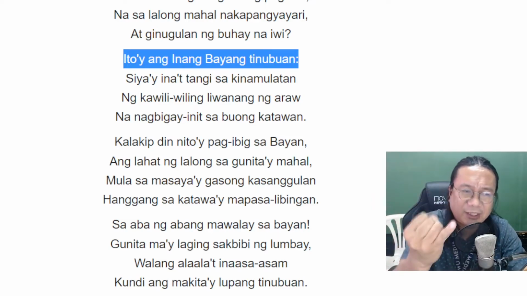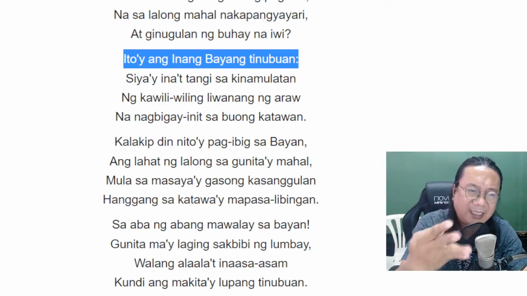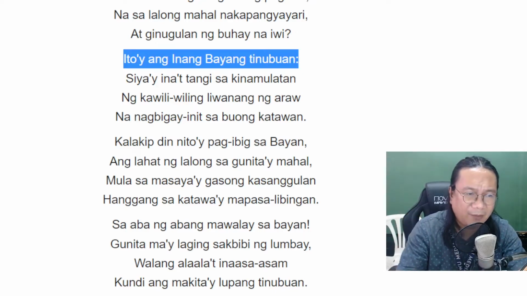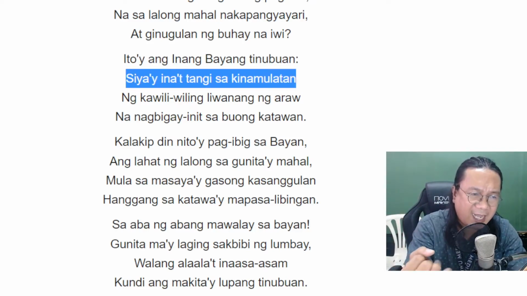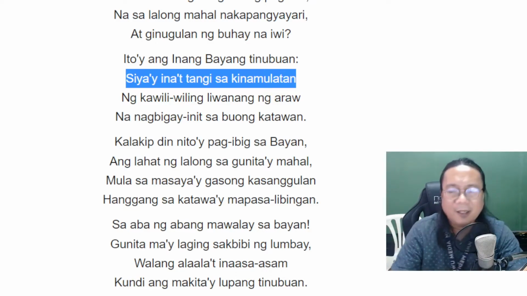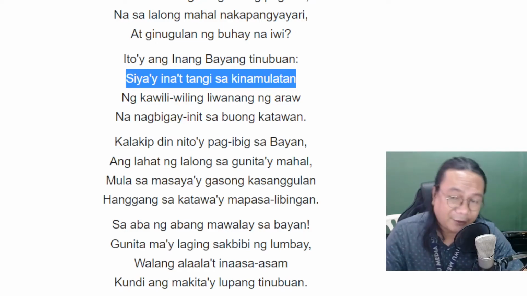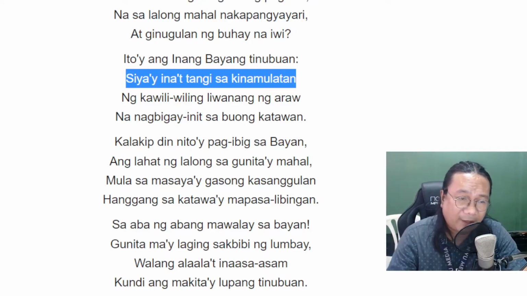Ito ay ang inang bayang tinubuan. So that's 12. And then the next line, siya ay inatangi sa kinamulatan. 12 again. So ang ginagamit ni Andres Bonifacio dito is 12.